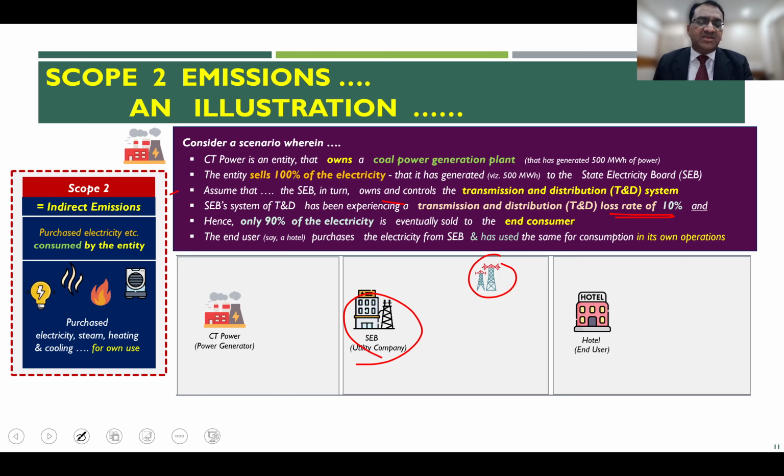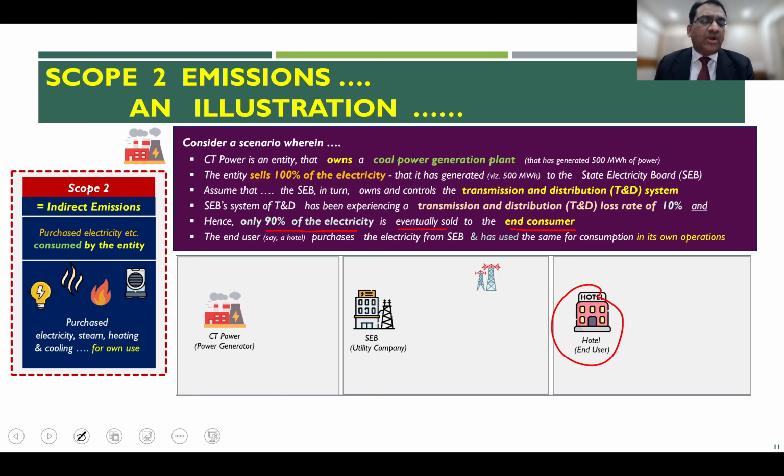That means if 100 megawatt of power is handled by them, actually 10 megawatt is being lost, and the balance 90 megawatt is something which is being sold to the end user, right? That's how the transmission loss is historically being tracked by the state electricity board in this case, and therefore only 90% of the electricity is eventually sold to the end consumer.